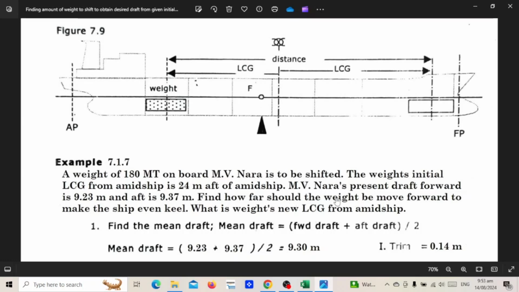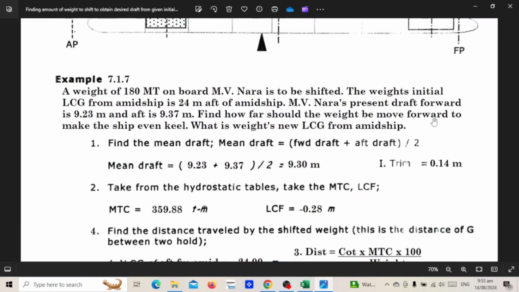Now, MV Nara present draft forward is 9.23, which is this one, and your aft draft is 9.37. You add forward and aft draft and divide by 2.